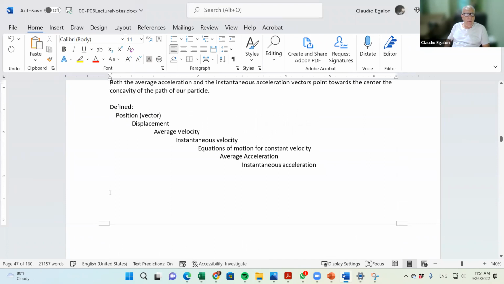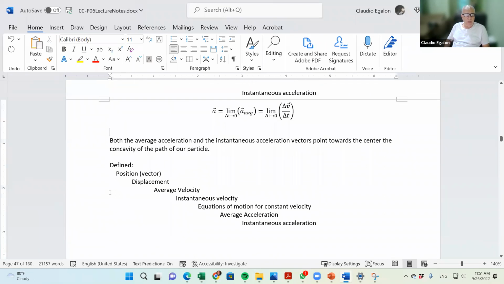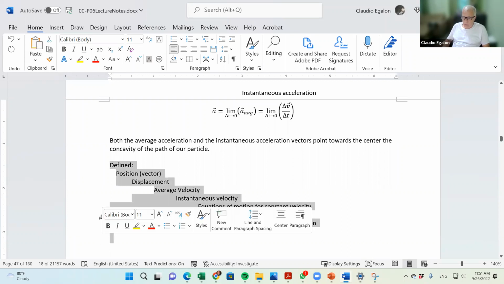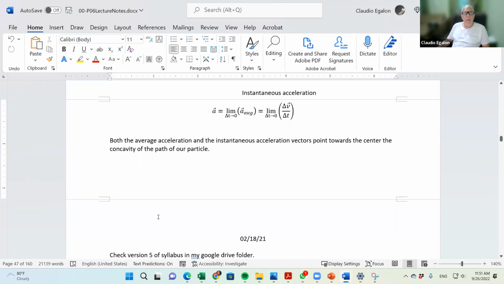So far, what you have seen here is just a generic description of how those vectors look in the plane: displacement vectors, instantaneous velocity vector, average acceleration vector, instantaneous acceleration vector. But let's summarize.